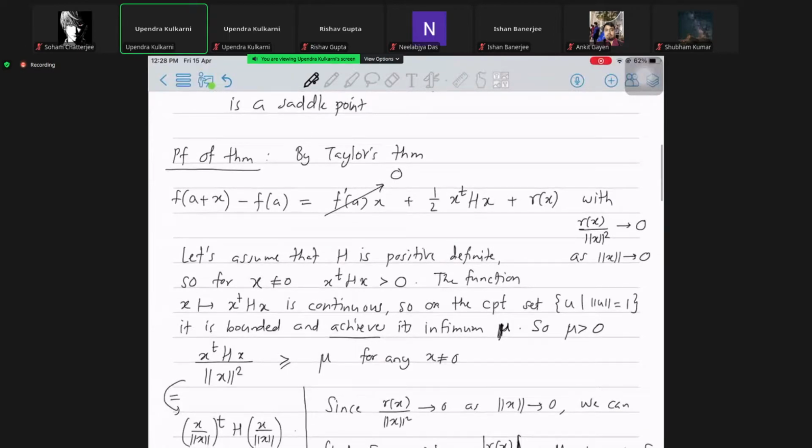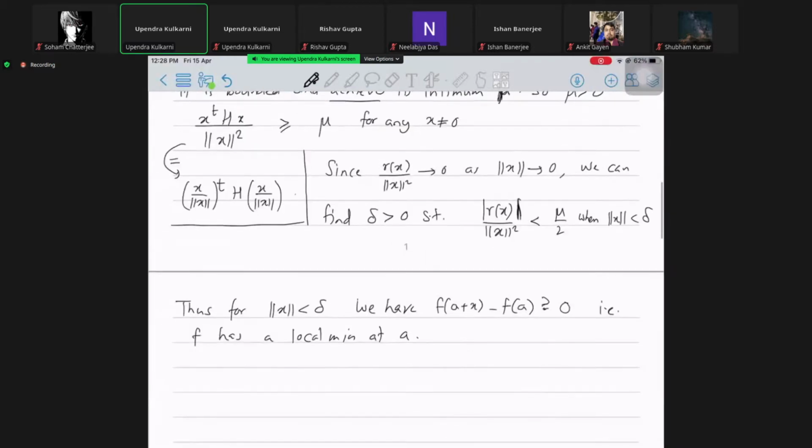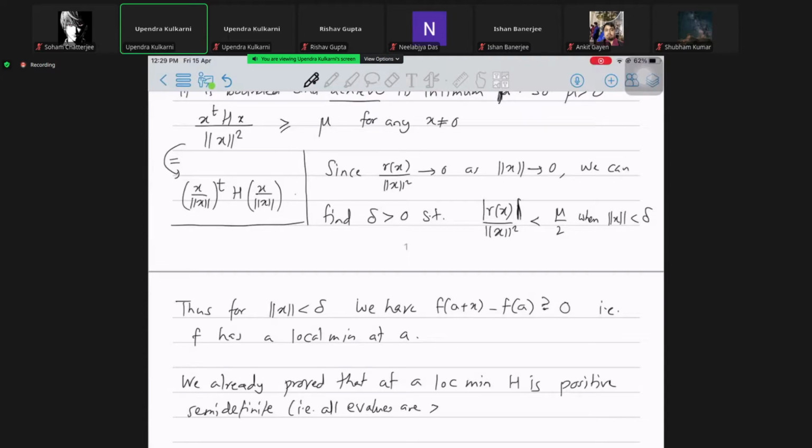All right. We already proved that at a local minimum, H is positive semi-definite: all eigenvalues are greater than or equal to 0.